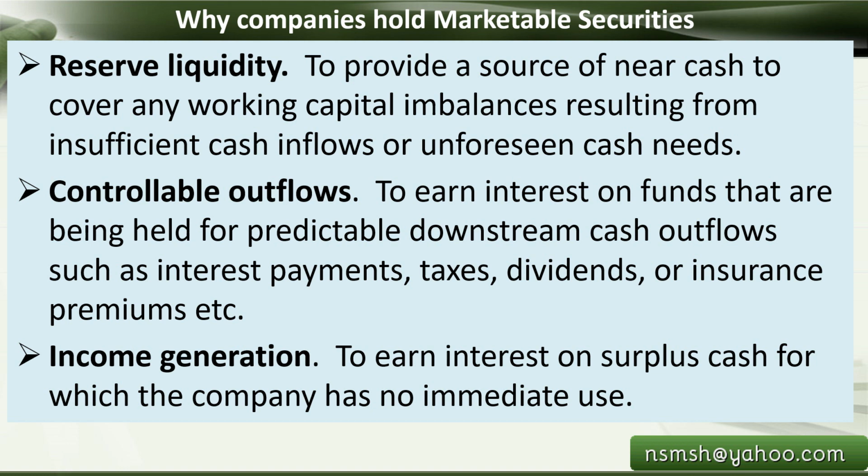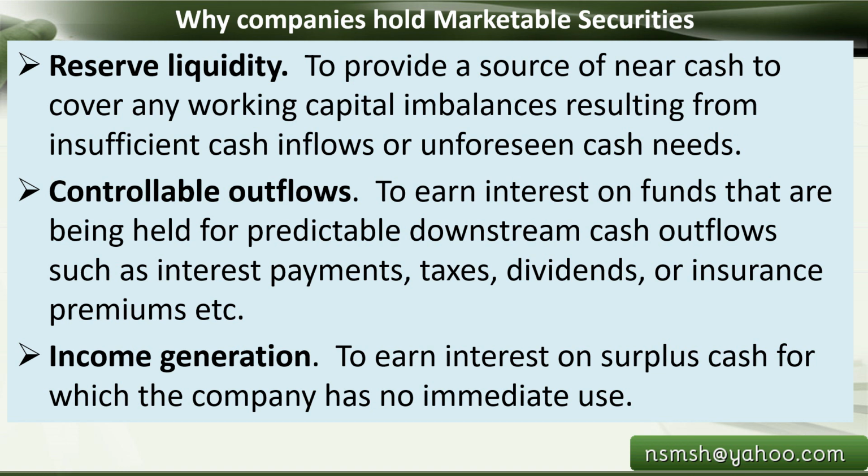Similarly, controllable outflows: earning interest on funds that are being held for predictable downstream cash outflows, such as interest payments, taxes, dividends, or insurance premiums. They need to pay on time. But why are they called controllable outflows? Because the schedule is known in advance. They can predict how much interest has to be paid, because the loan amount and the loan rate are known. Dividends declared are known, and taxes they know how to calculate, so they know how much tax is due.